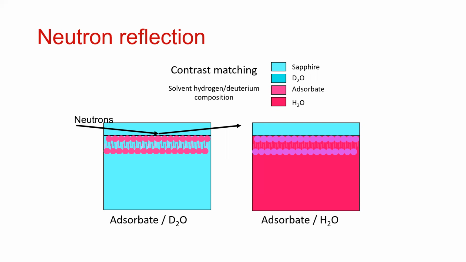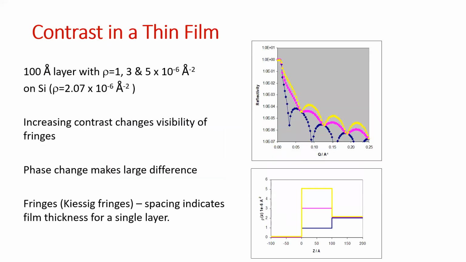And I want to just give you a little bit more information about that because it's perhaps important to get some sort of scale of what one's looking at. Now, actually, a lot of the amphiphiles that one's looking at are much thinner than 100 angstroms.